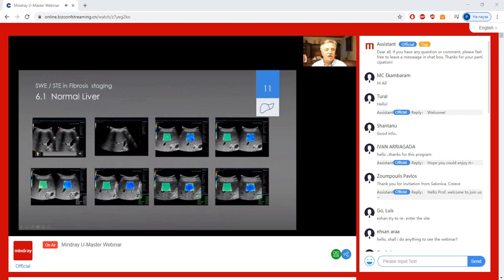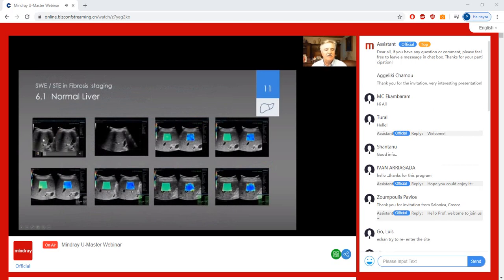Examining a normal liver, please avoid the ribs and the shadows. That means that your transducer is not well placed. Only change the orientation of the transducer like this one, and then you have the possibility to place the region of interest of elastography here.